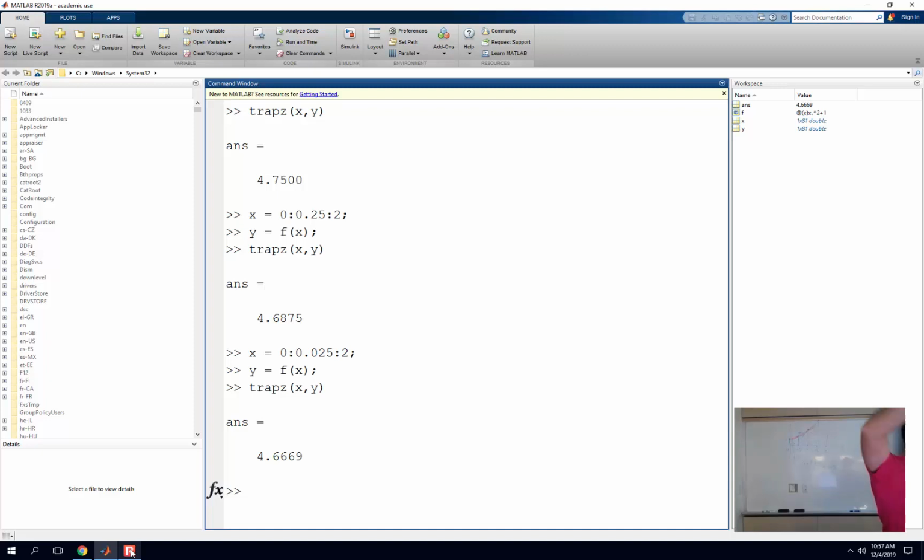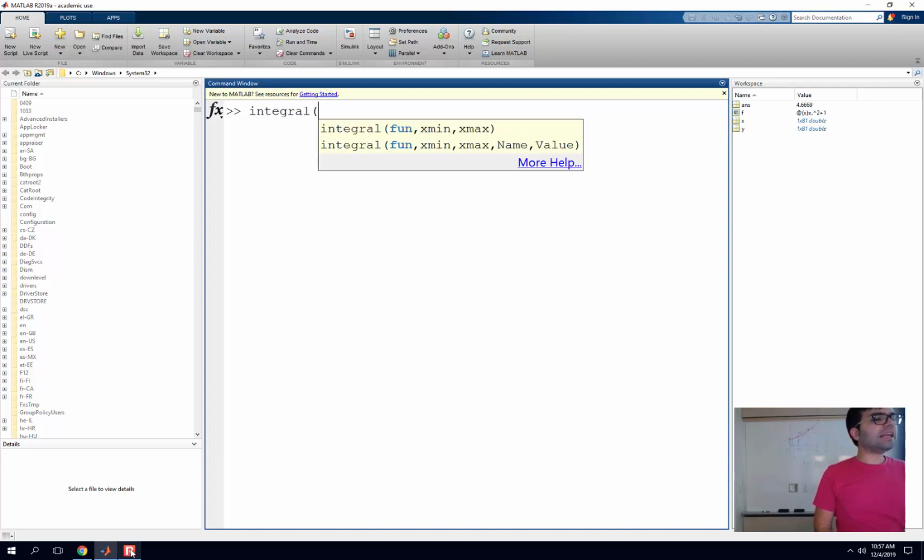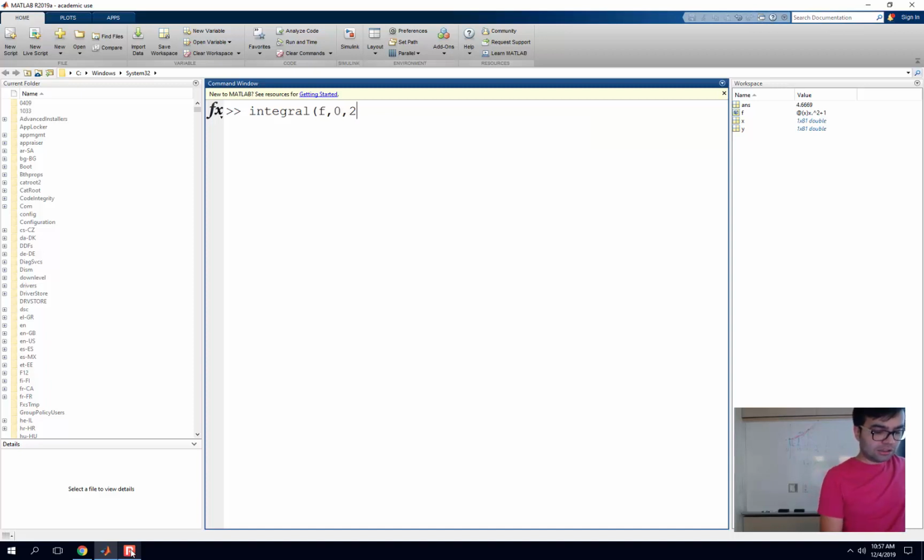When you have less curvature, you need fewer points, right? The function you can use is called integral. It needs a function handle. Integral of f between 0 and 2 gives me the same answer, or very similar to what I have from the analytical solution, which was int.